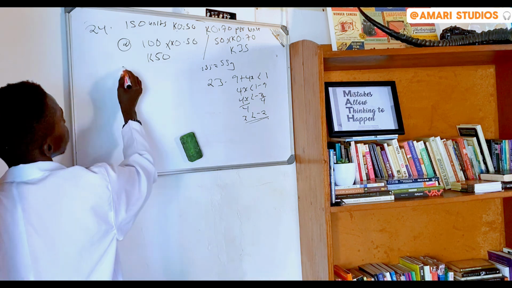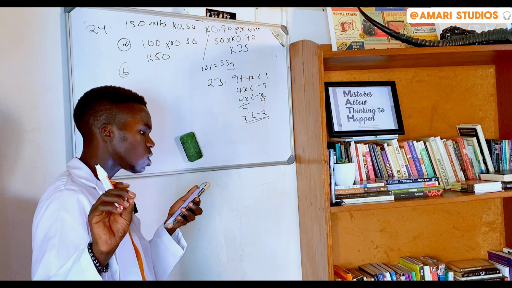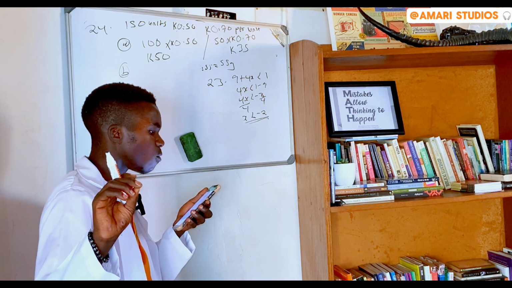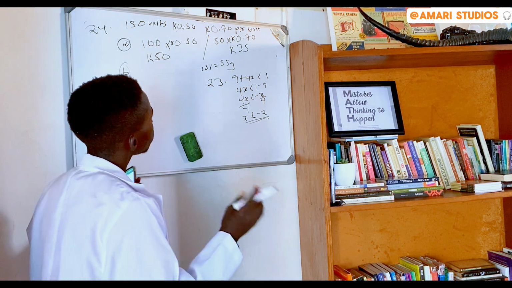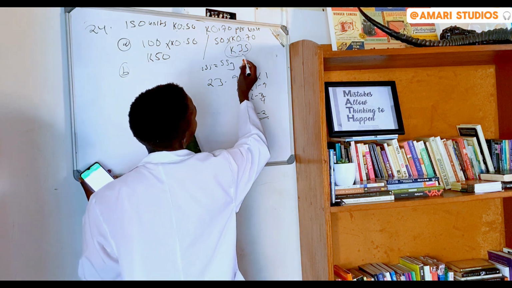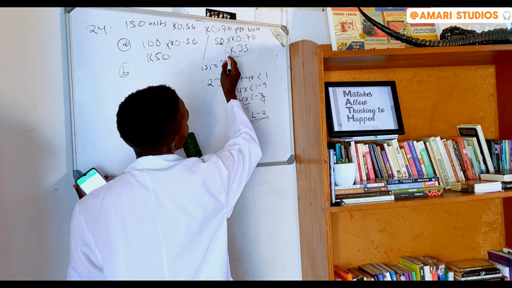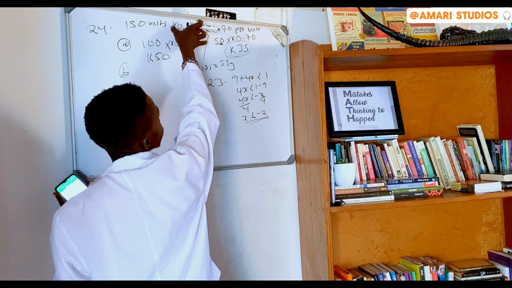Then the second question, question B of 24, says calculate the total cost of the units of electricity the man bought. As you can see, I have already found the amount of money that he paid for the rest of the 50 units. Remember, for the first 100 units, you pay 0.5.